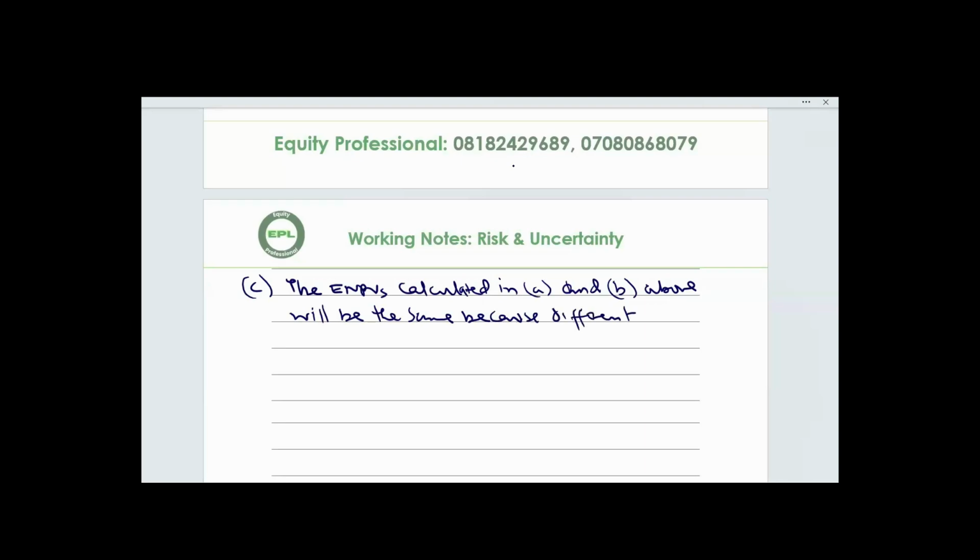You then say the expected NPVs calculated in A and B above will not be the same because different methods are employed.